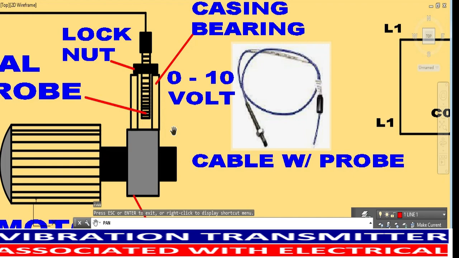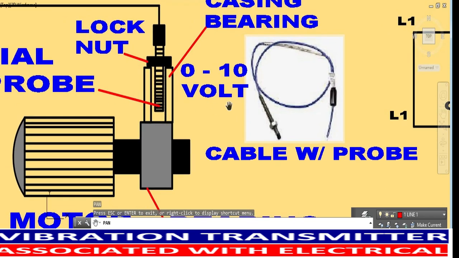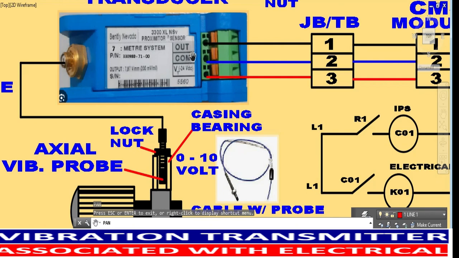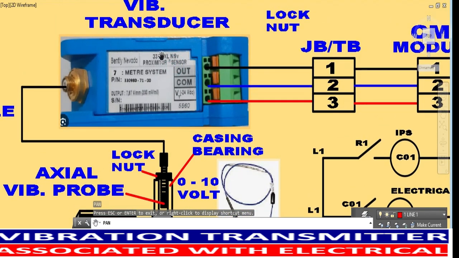The proper adjustment of this vibration probe is to put your multimeter on this vibration transducer. Your multimeter's positive lead goes on the common and then the out. This B and common is the power supply of this vibration transducer.